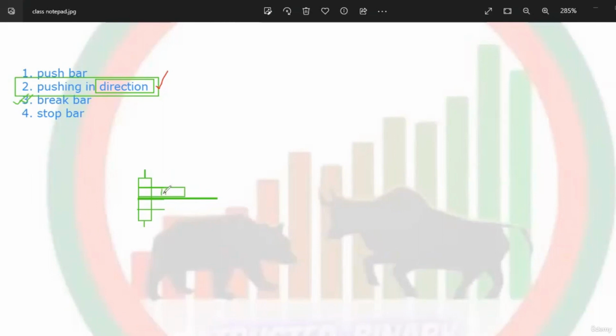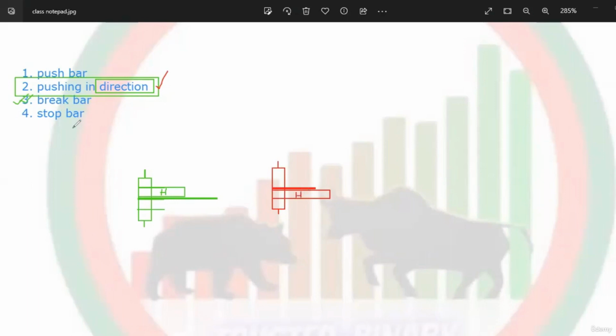So that is called the pushing in break bar. And in the case of a bearish candlestick, same thing. First of all, the middle part is this one. Below the middle part, we will get here. Volume is high by the seller side, that is the push break bar.